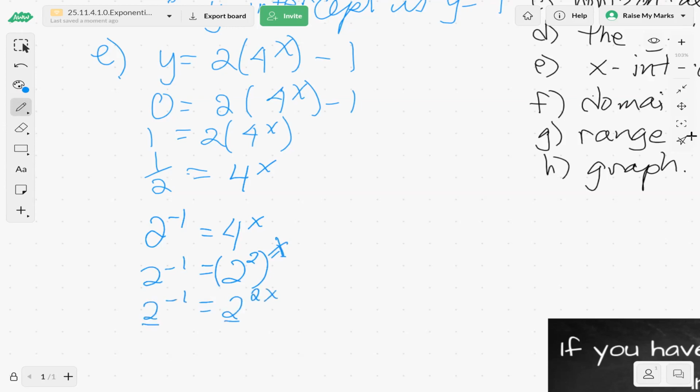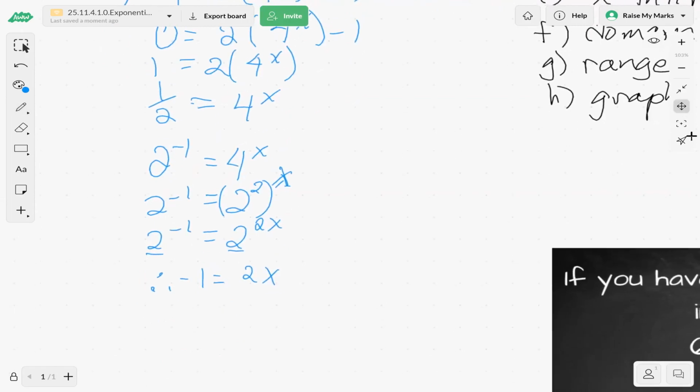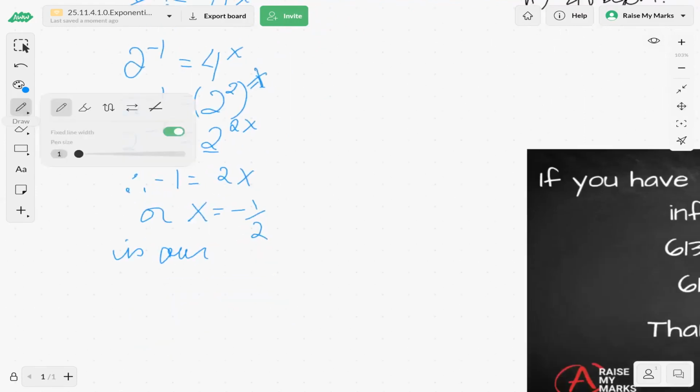Our bases are the same, so therefore negative 1 equals 2x, or x equals negative 1/2. So this is our x-intercept.